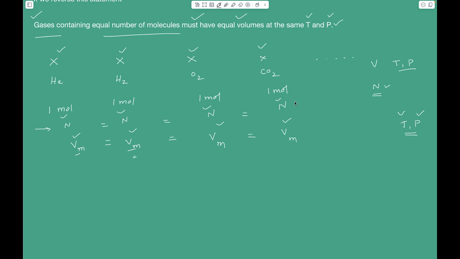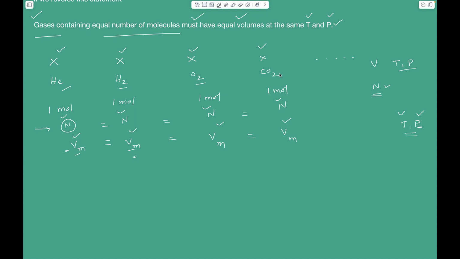Now, a very interesting point in this discussion is, in case of gases and only gases, the volume at a given temperature and pressure depends only on the number of particles or molecules present in it and nothing else. See here, helium is monoatomic. That is, a molecule and an atom are one and the same in case of helium.